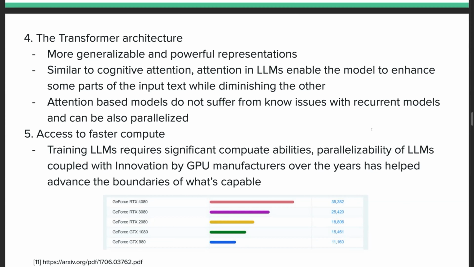If you have a 1,000-page book, you don't really need the book to translate. You just need a few words surrounding the word that you need to translate or the sentence you need to translate. So attention enables that by allowing the model to pay or to enhance some part of the input while diminishing the other, in simple terms.